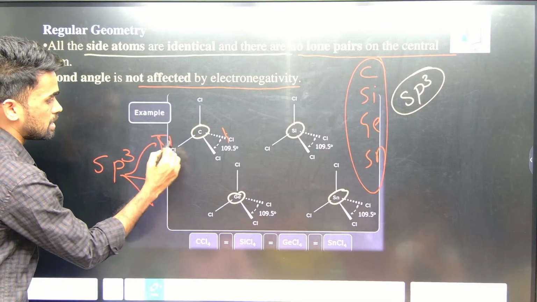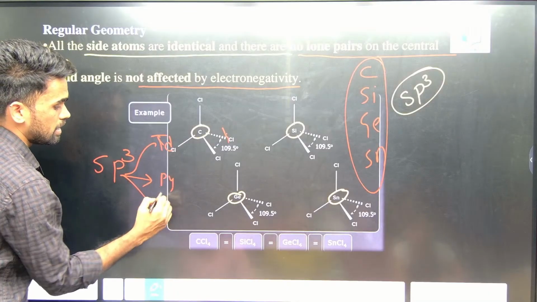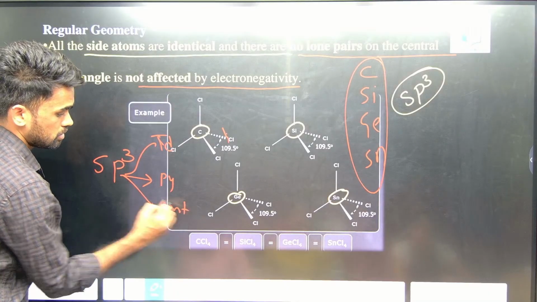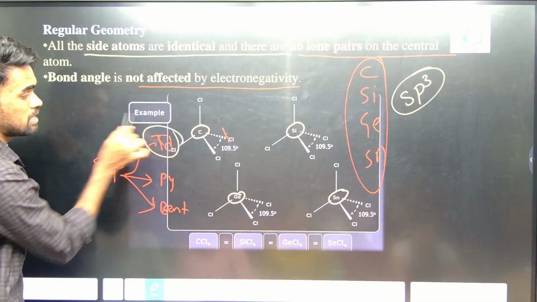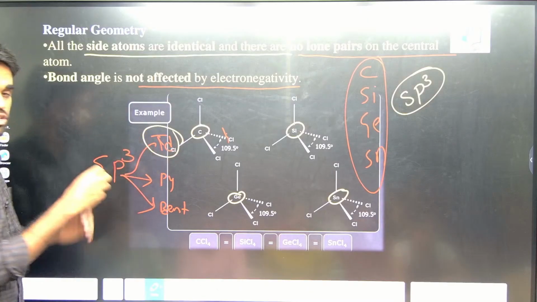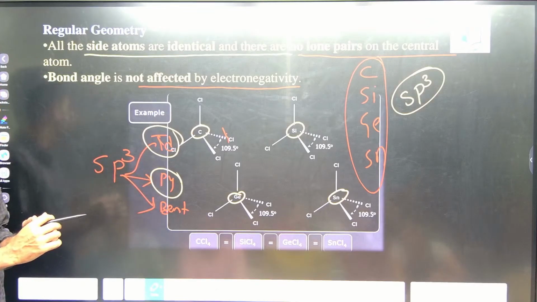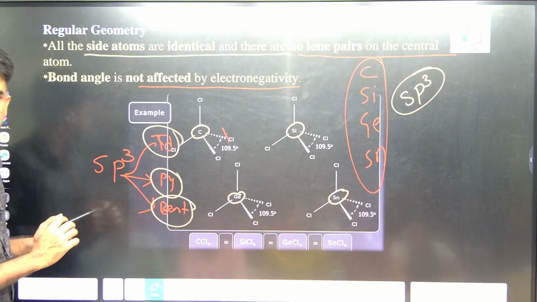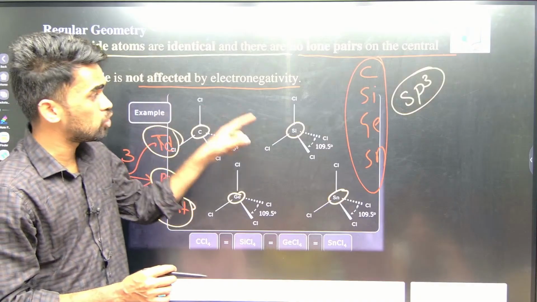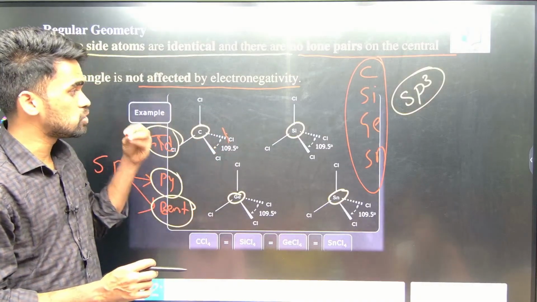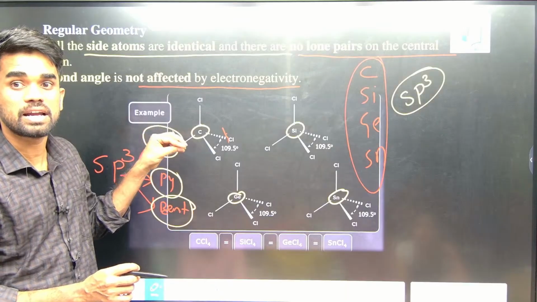It can be tetrahedral, it can be pyramidal, or it can be bent. So when we get tetrahedral, there should not be any lone pairs. If we have one lone pair, pyramidal; if we have two lone pairs, bent. But here do we have any lone pairs? No. So if there are no lone pairs, then you call that geometry regular geometry.